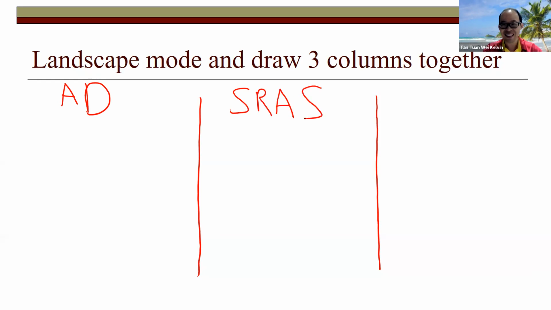And finally, on the third column, you put LRAS. So this is the bulk of the lesson that we are going through today. So as I explain to you the various factors that shift the AD, shift the SRAS, and shift the LRAS, you're free to write the stuff that I've said, write the stuff that's in your brain into the foolscap paper. Is that clear?